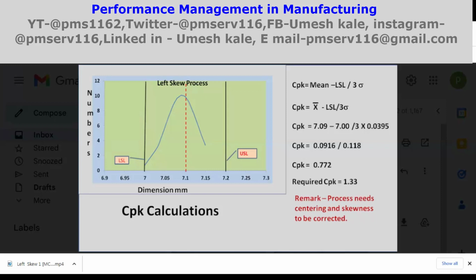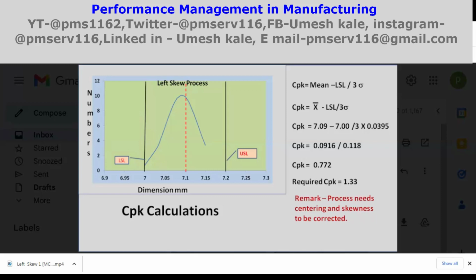A 1.33 value shows that your process is properly centered, and from the Bell chart you can observe whether it is symmetrically distributed or not. By this combination we can understand whether our process is centered and uniformly distributed. So the CPK value is coming 0.772 and the required is 1.33. It means that you have to reset the process and bring the values to the center of the process mean, and it should be uniformly distributed.